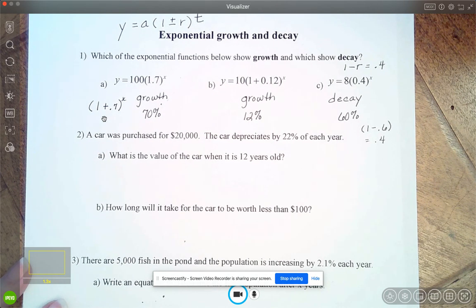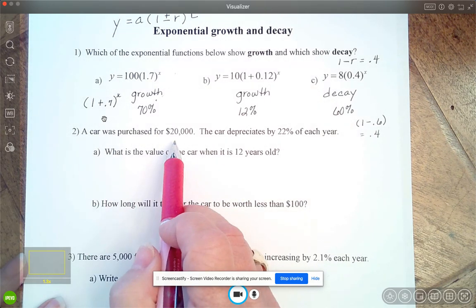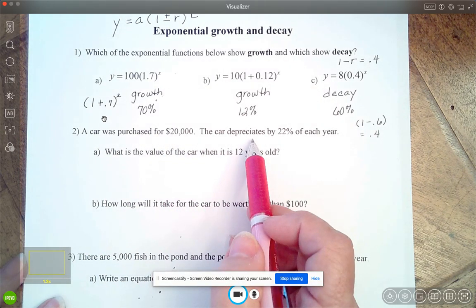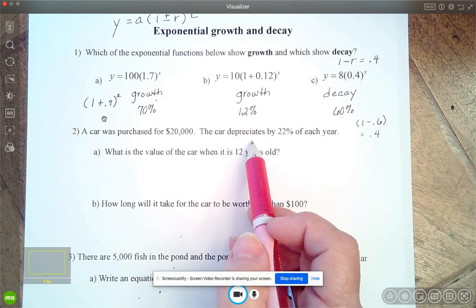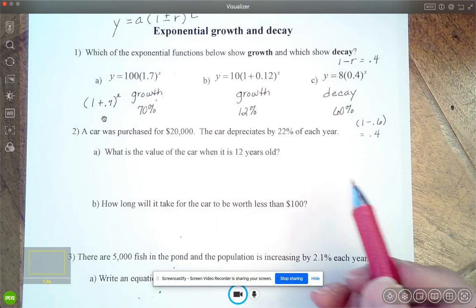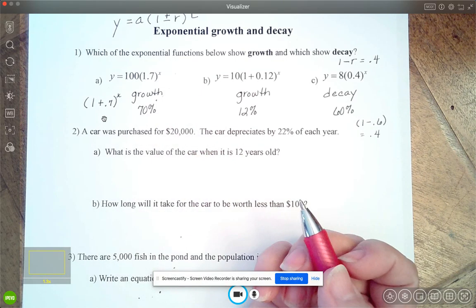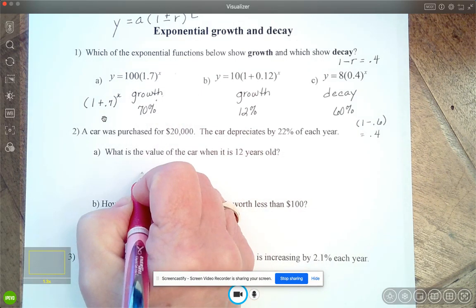So now let's get into two examples. A car was purchased for $20,000. It depreciates 22% per year. Okay, that means it is decreasing. What is the value of the car when it is 12 years old? First of all, I'm going to write it.